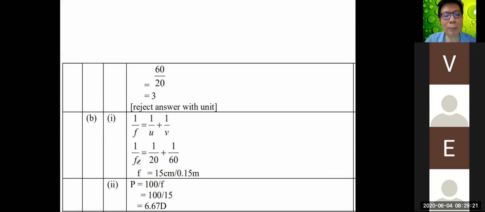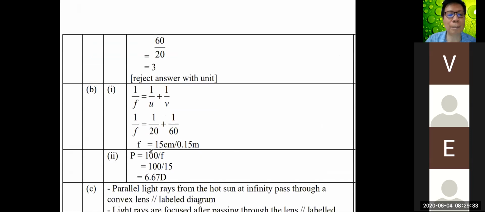When you are using this formula, these are all cm, so your answer will be in cm, because you never changed; this one is cm, this one is cm. So you get 15 cm. And for power, this one uses 100 over F, meaning you never change to meter.